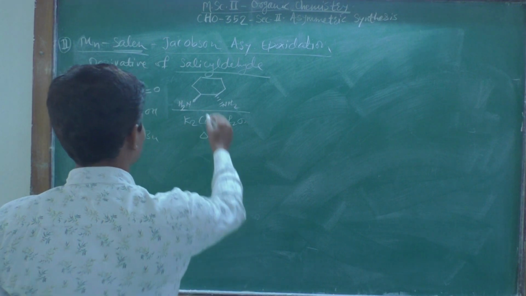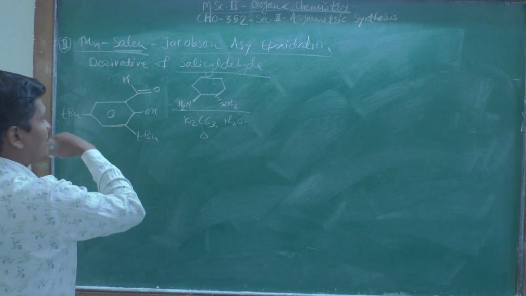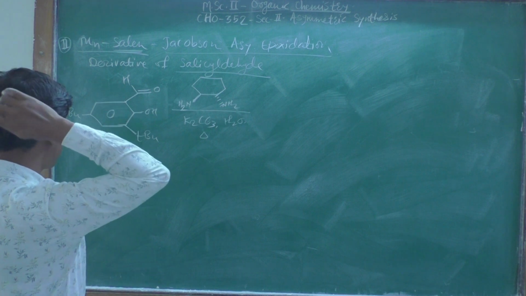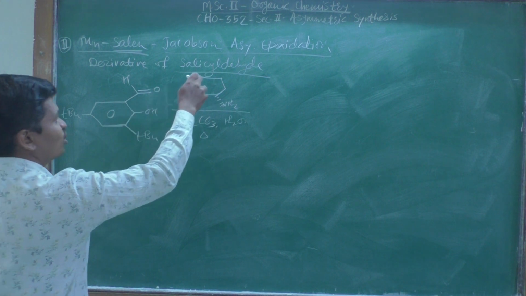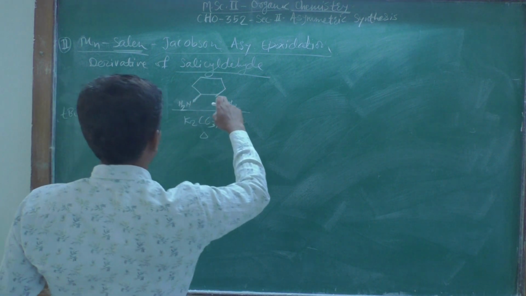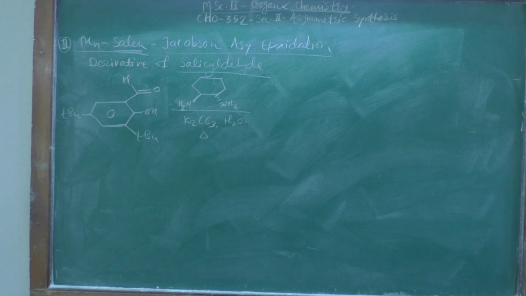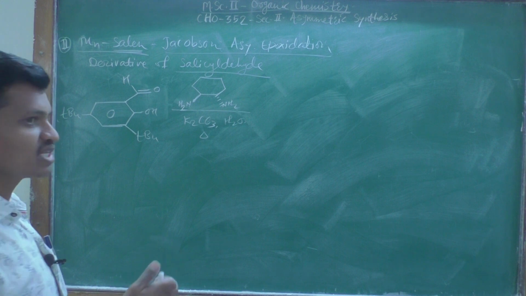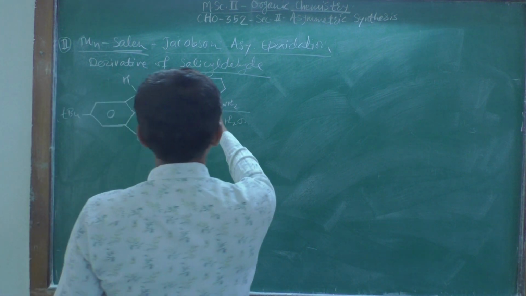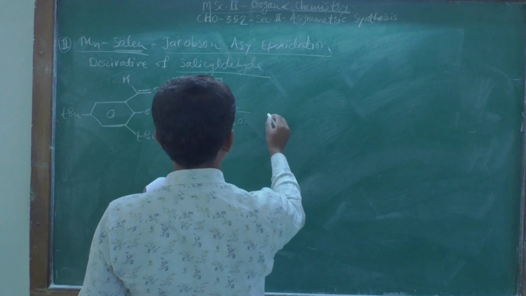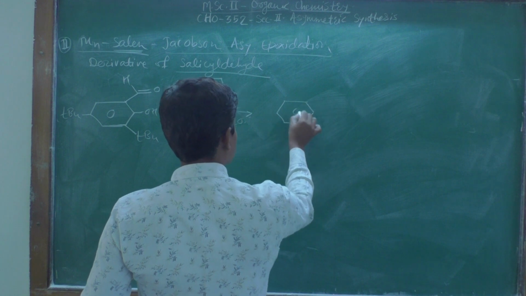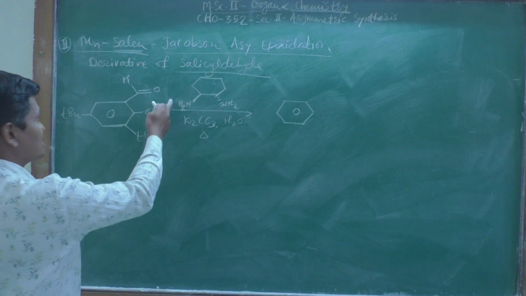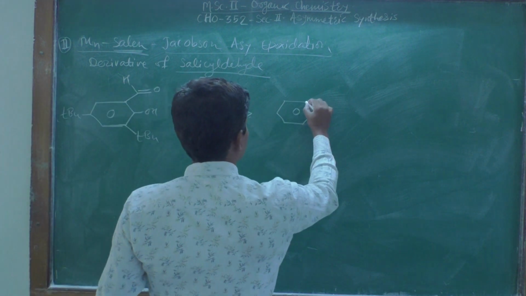So what is happening here? Two molecules of this derivative of salicylaldehyde and one molecule of this diamine form a chiral reagent, and that we are going to write here. Simple NH2 carbonyl coupling takes place and a Schiff base is formed.